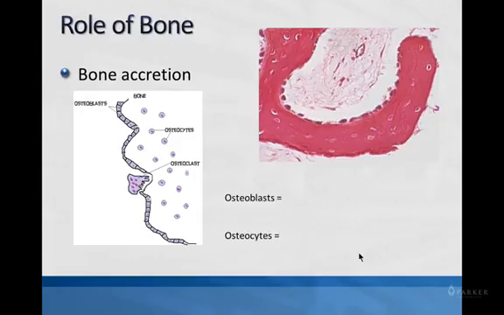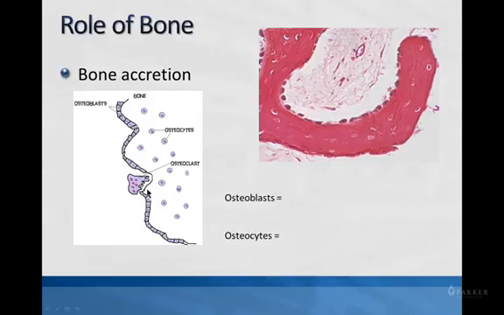They cease to make osteoid and the matrix, but they still play a role. They are considered to communicate with osteoblasts in a paracrine fashion, producing factors that communicate with the active osteoblasts. So these cells are going to be important in bone accretion.